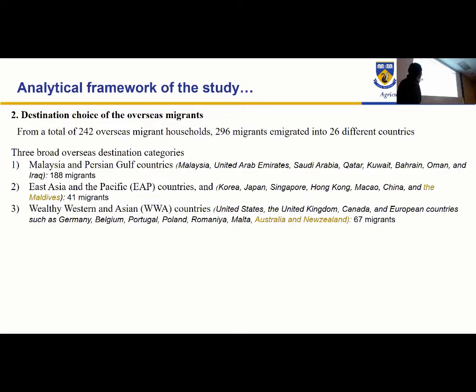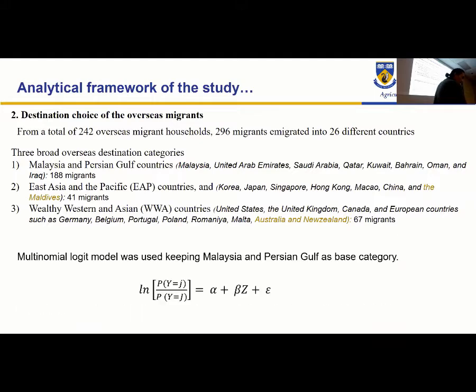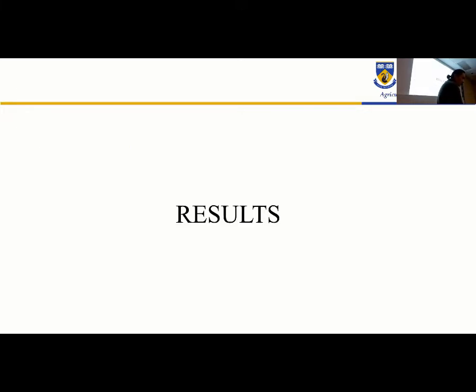So we clubbed them with wealthy Western and Asian countries. So these are the 3 major destinations that we have created, and we estimated this with a multinomial logit model. And we kept Malaysia and the Persian Gulf as the base category. So let me share the results.